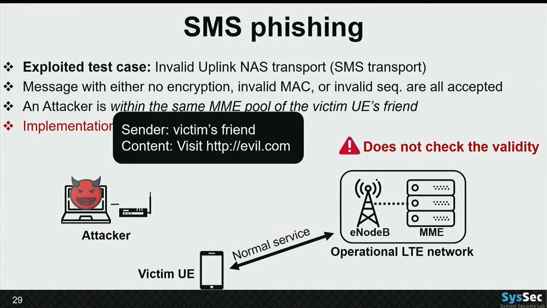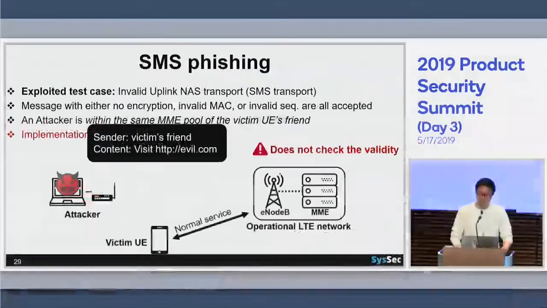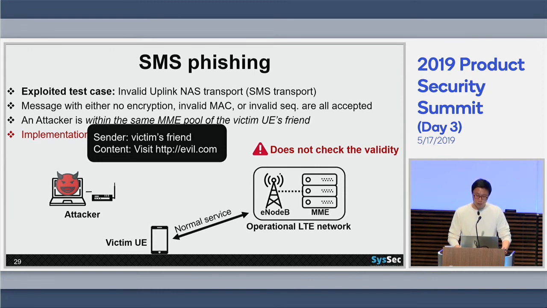And the next attack is SMS phishing. In this attack, we identified that one MME vendor did not check the validity of the SMS message. So here, we send invalid SMS messages with no encryption, an invalid message authentication code, or an invalid sequence, and they are all accepted.